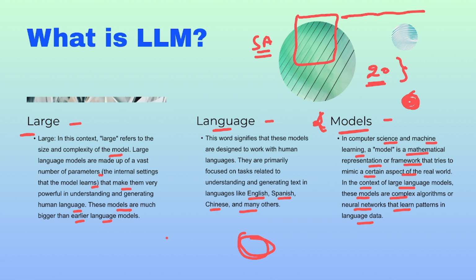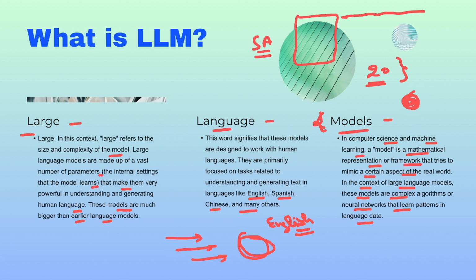It has been trained with a large amount of data, and it can understand the basic language. Let's suppose it is able to understand English. So if you ask something to that model in our natural language, then it will be able to answer in our natural language only. So this is what, in broad terms, an LLM is.